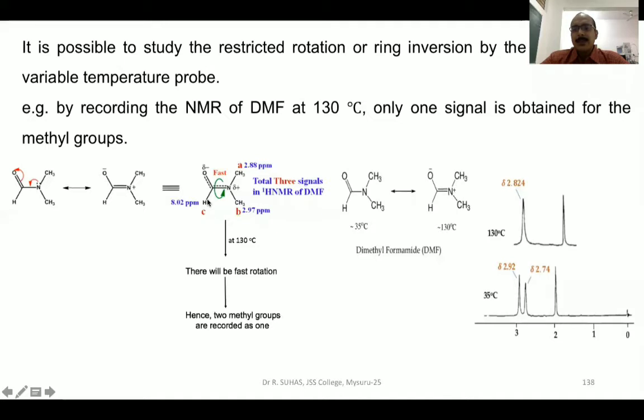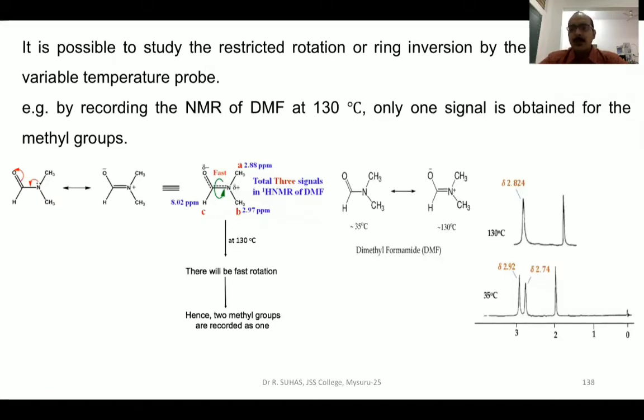So in principle, when you record the NMR of the DMF at room temperature, you will see three peaks: one for methyl A at 2.8 ppm, one for methyl B at 2.97 ppm, and another for the aldehydic proton around 8.02 ppm. When you increase the temperature from room temperature to 130 degrees centigrade, because of the fast rotation, whenever you are increasing the temperature, you are providing more energy.